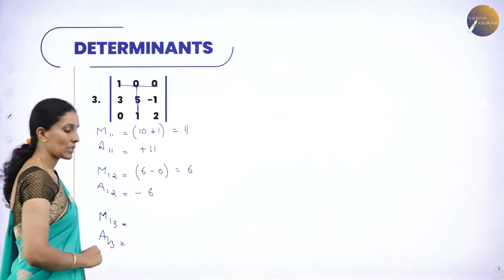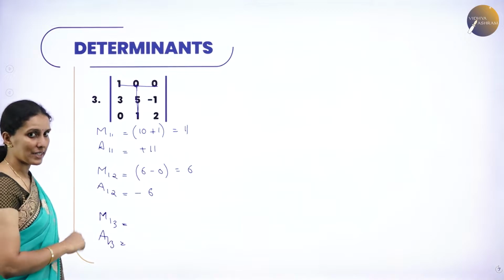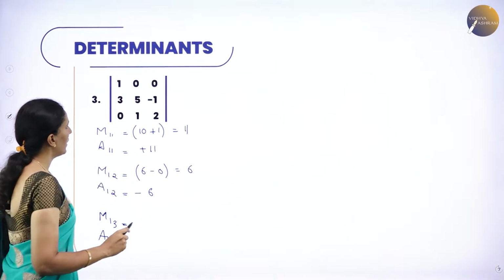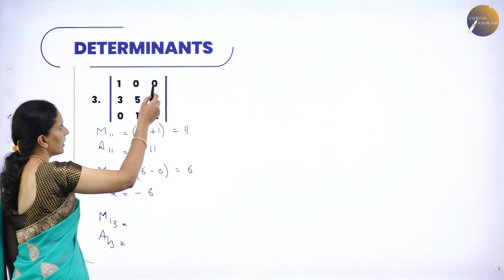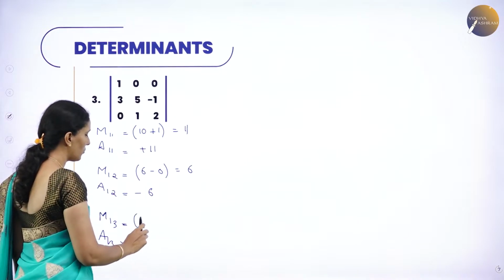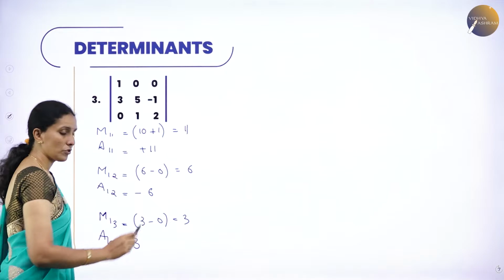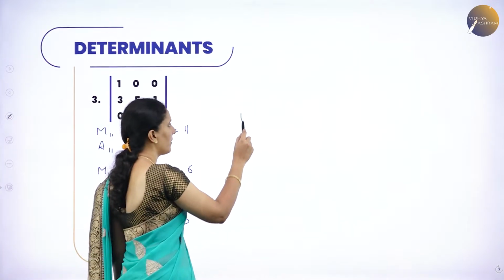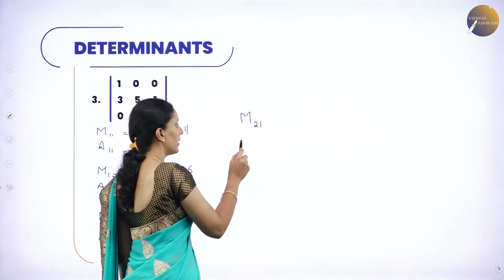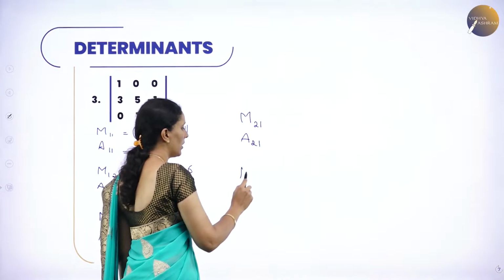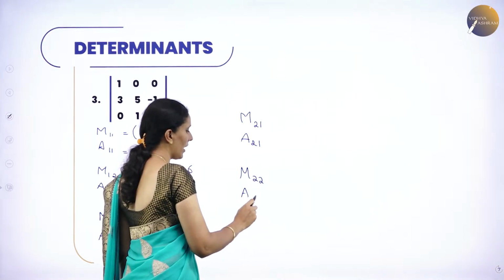So it is minus 6. Therefore the cofactor is minus 6. Similarly for M13, that is this 0, we have 3 ones are 3 minus 0, which is 3, and the cofactor is also 3. Next we will take M21, A21, M22, A22, M23, A23.